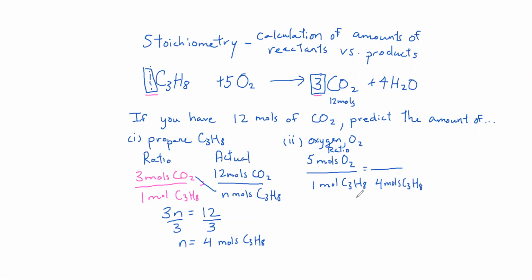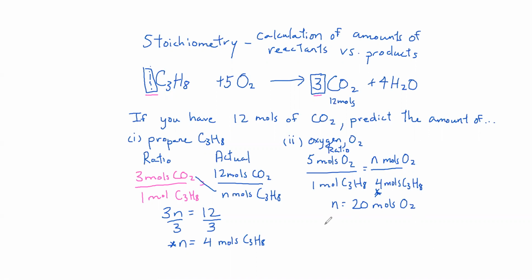This is what I found from this number right here. That's why I'm able to transfer that over here. So to figure out how many moles of oxygen, I have an unknown number of moles of oxygen that I lined up. And when I cross multiply it, n times 1 gives me n, and 5 times 4 gives me 20 moles of oxygen.